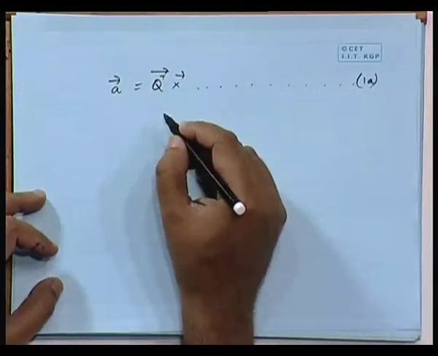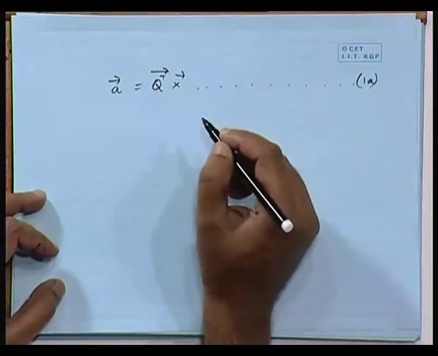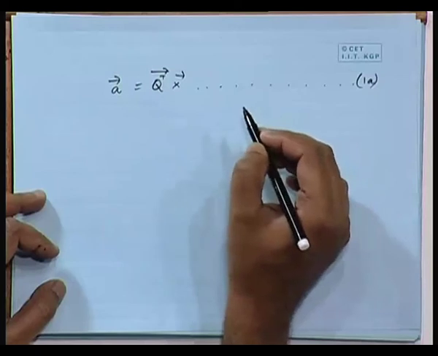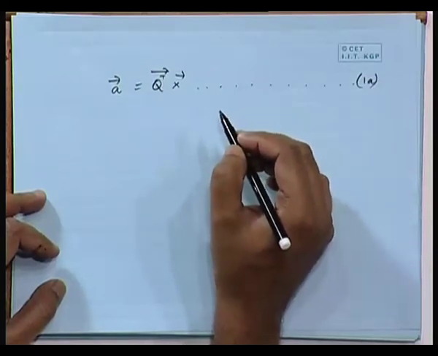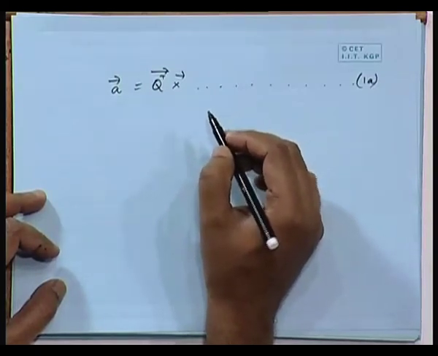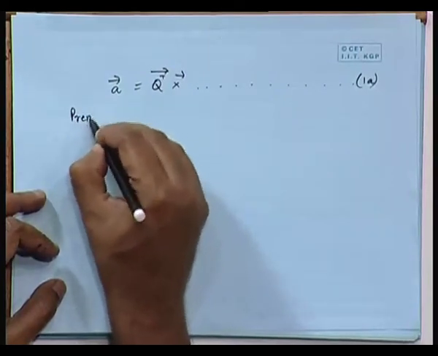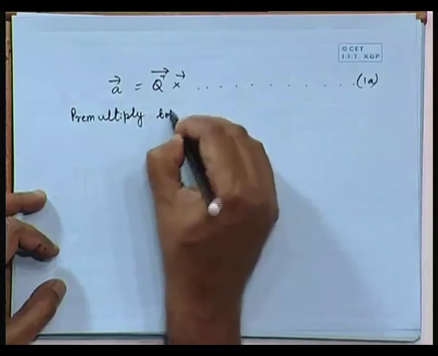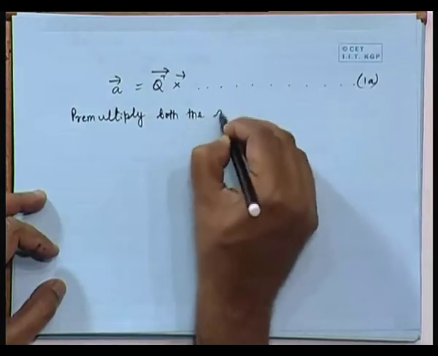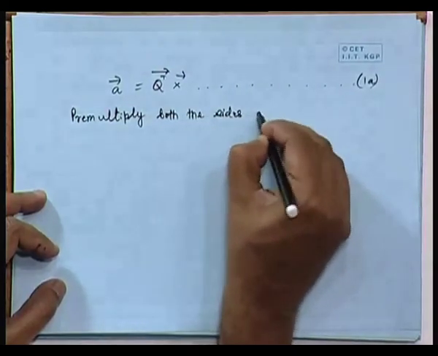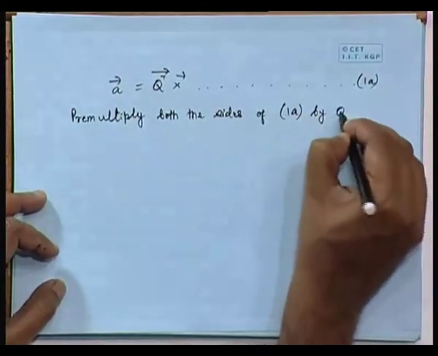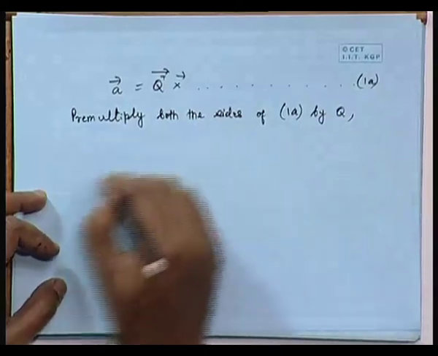Now, we do one thing. We pre-multiply both sides of equation 1A by Q. What do you get on the left hand side?